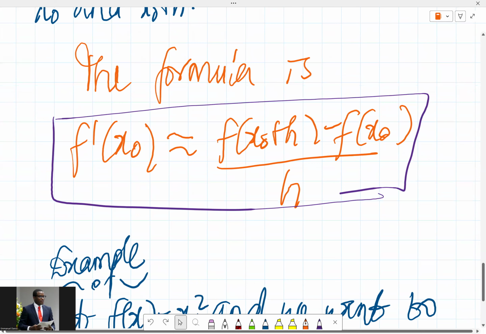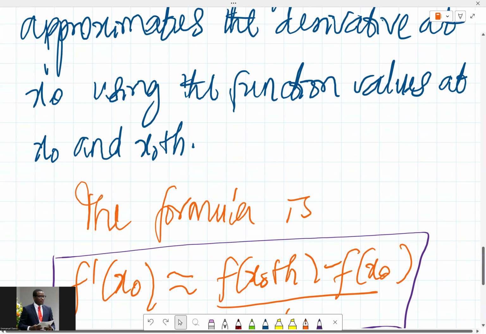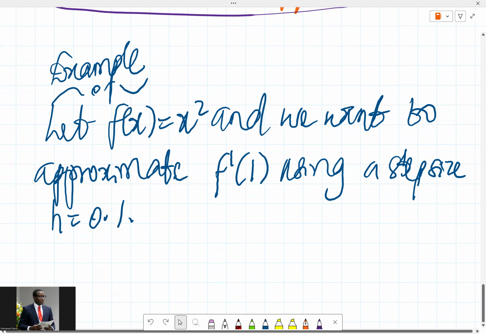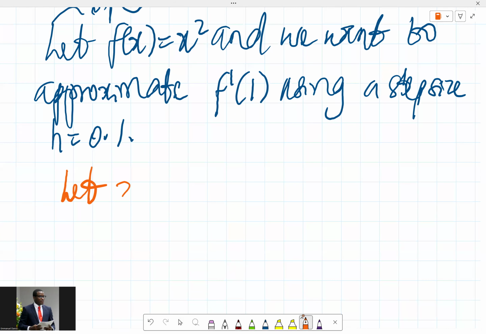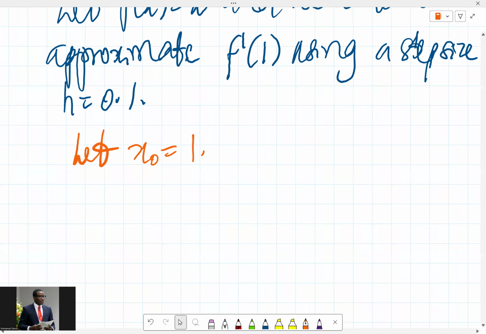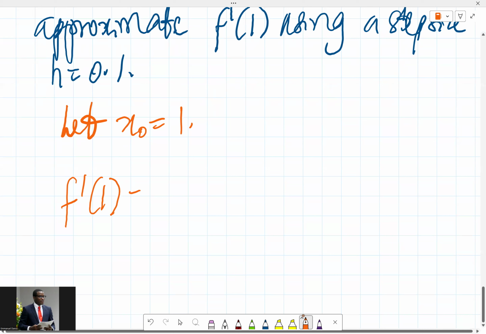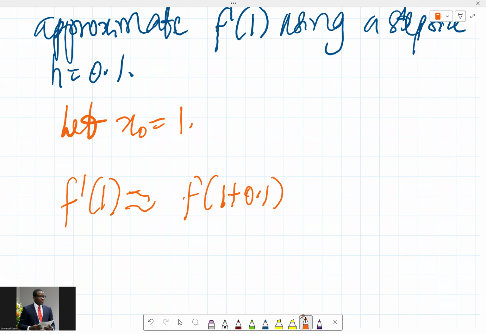Here we are taking 1 as our x naught, although that is not explicitly stated, so let x naught be equal to 1. We already know h to be 0.1. So f prime of 1 is approximately f of 1 plus 0.1, which is x naught plus h, minus f of x naught, which is 1, all over h, which is 0.1.